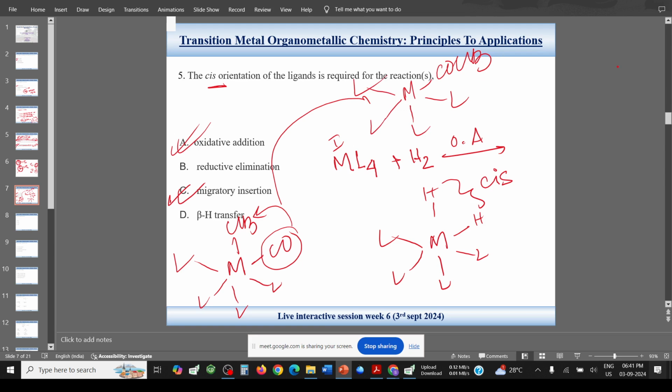This is called the migratory insertion reaction. It is the insertion of CO into a methyl group to give this CH3CO. For this migratory insertion also, the cis orientation is required. If the CH3 is present in another position, it is not possible to insert in a reaction. Okay.